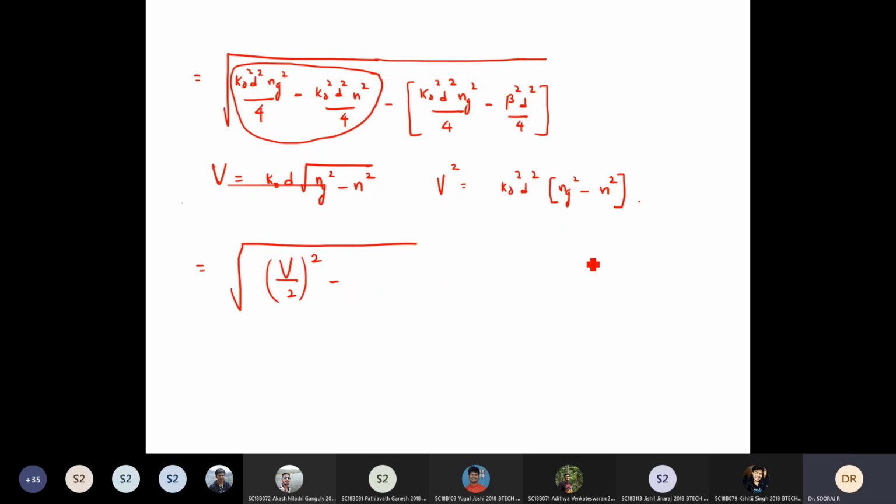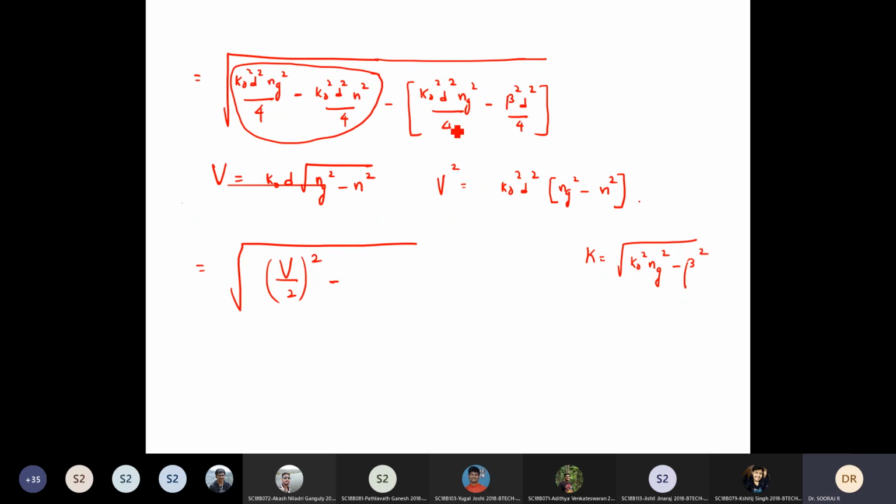We already know that kappa is given as root of k naught square ng square minus beta square, and we have this by 4.